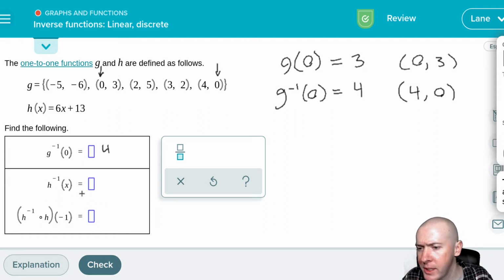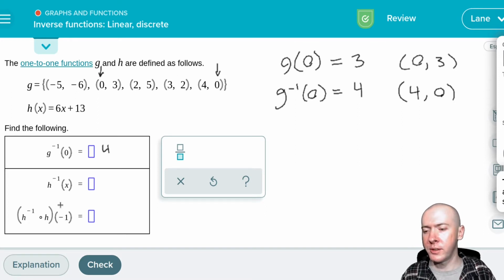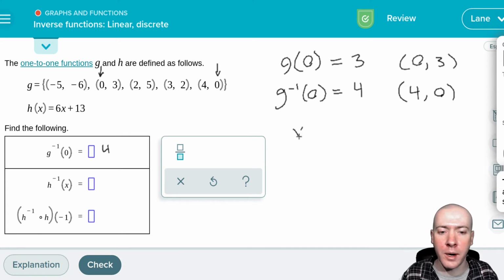Next, we need to find h inverse of x, and we need to find the value of this composition of two functions. To find the inverse of this function h, instead of writing h of x, I would write y. y equals 6x plus 13.